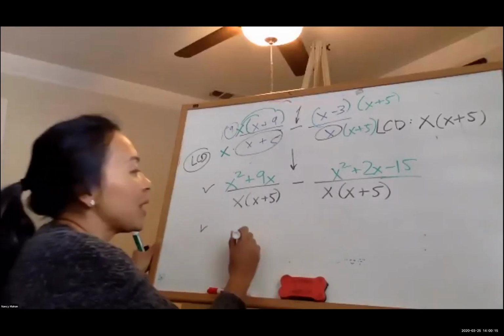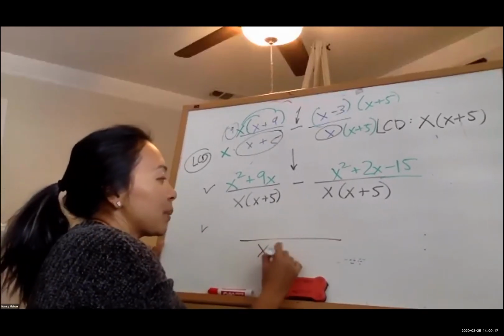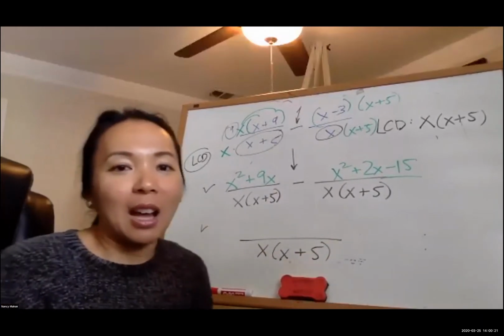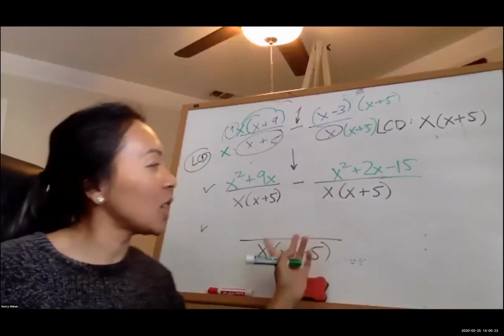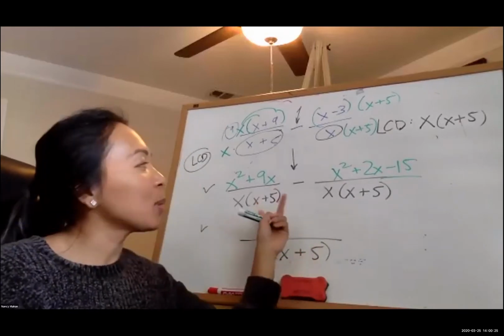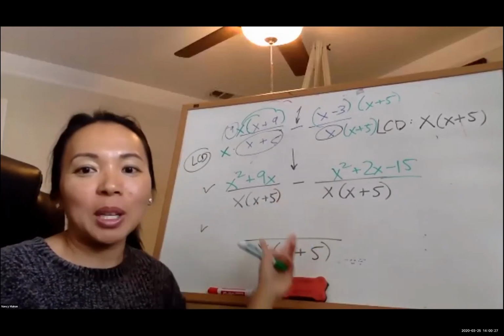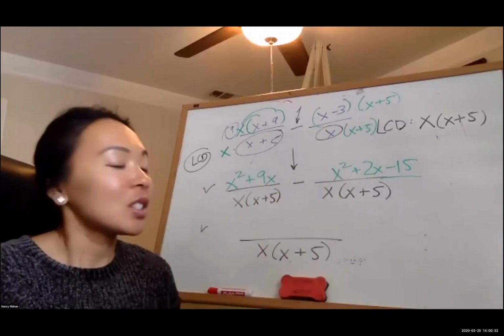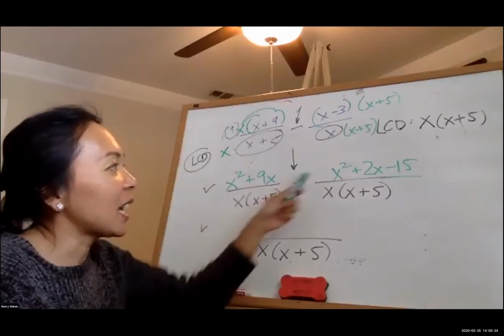And when you combine them, remember, you keep the bottom the same. It's a similar story to how you combine like terms. You keep the animal the same. You keep the part that's like, which is its denominator, the same, and then you add its coefficients, right? So go ahead and combine them.